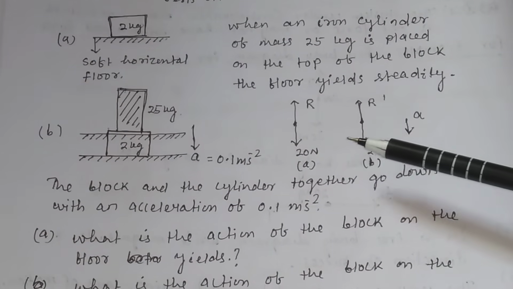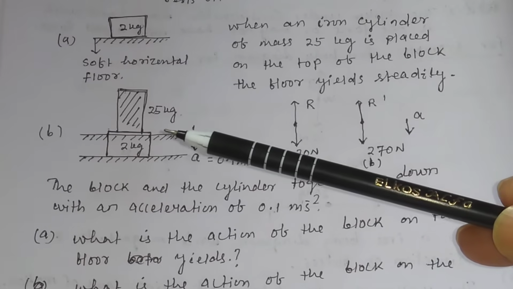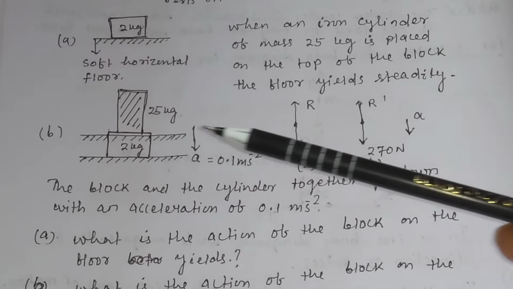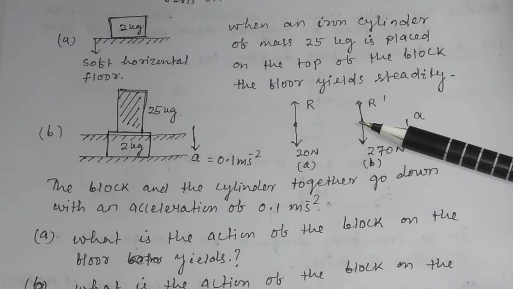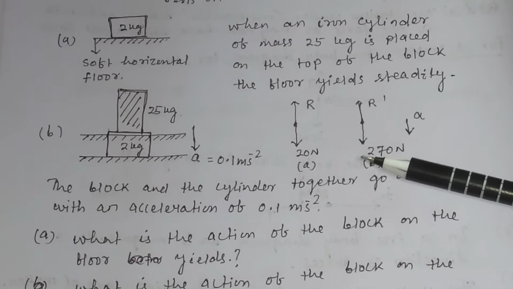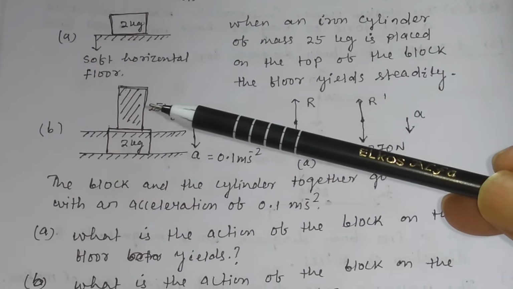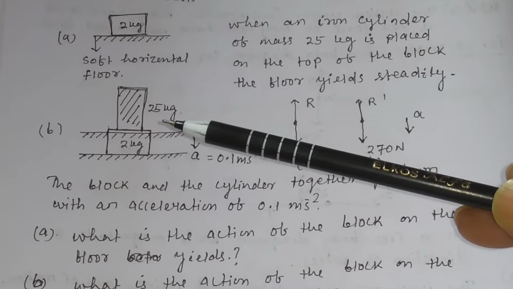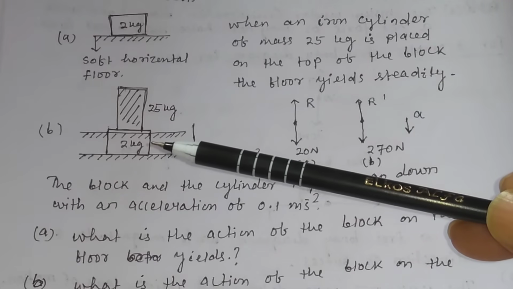And if you draw the free body diagram for the case B, you see this is the free body diagram for the case B. Here the total downward force is equal to 270 Newton, because the total mass of the system is 25 kg plus 2 kg, it is 27 kg.